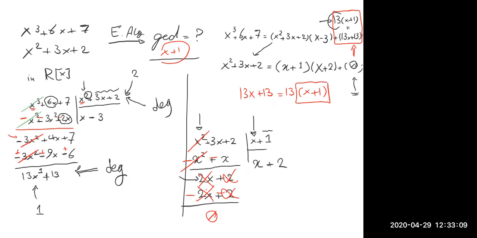Let's do another one to make sure we understand it. Say x to the 5th plus 2x to the 4th minus x squared plus 1 and x to the 4 minus 1 over R[x].